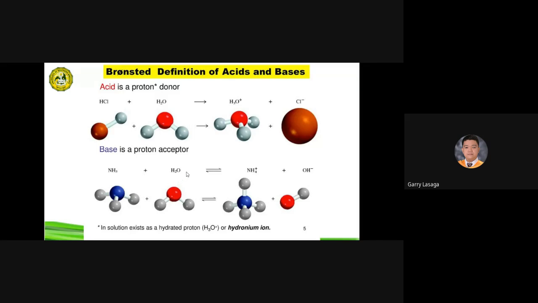To form conjugate base, you just have to, so ito yung ating conjugate base. Water, then we have here our hydroxide ion. So this is an acid. This is our conjugate base.